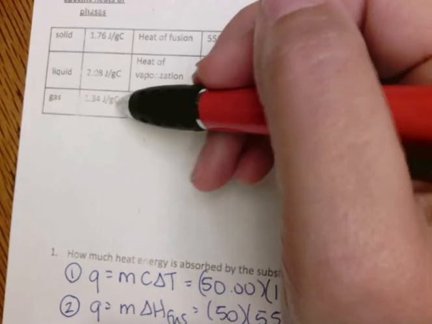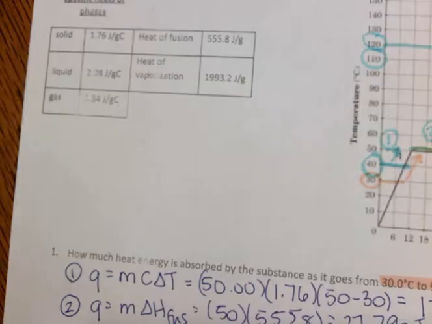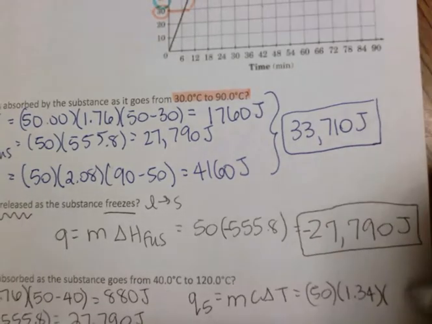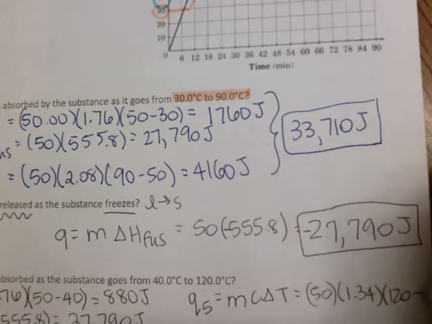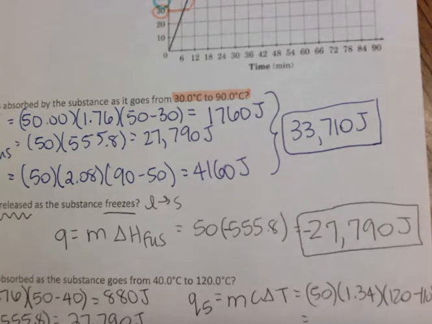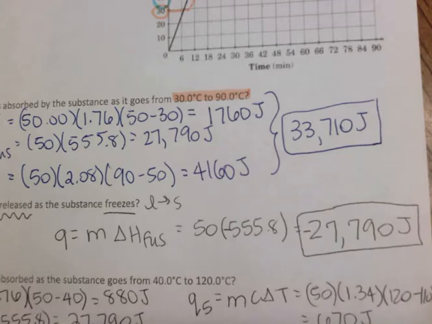The gas is 1.34 joules per gram degree Celsius. So 1.34 is my C, and my delta T is the 120 minus the 110. So 50 times 1.34 times that 10-degree change is 670 joules.